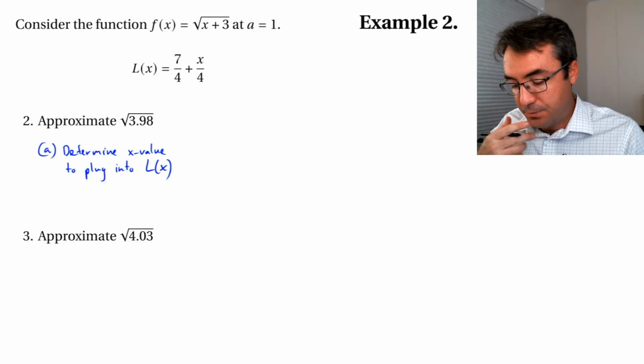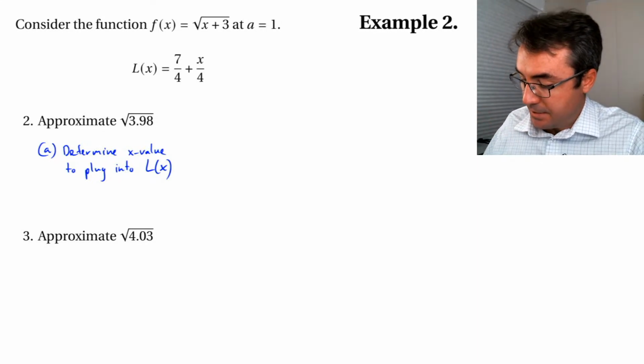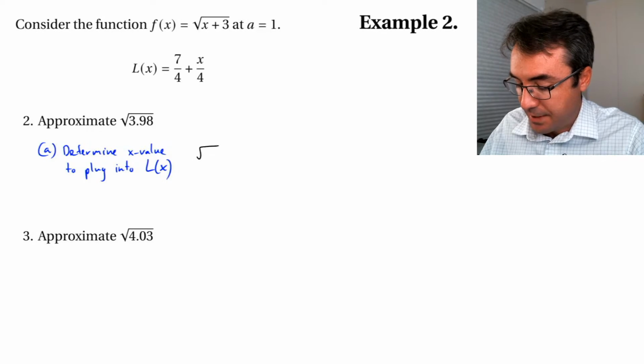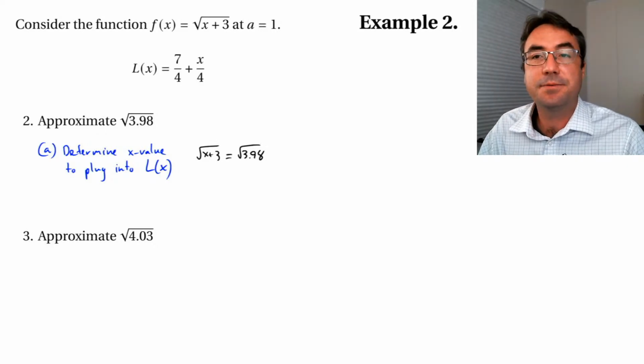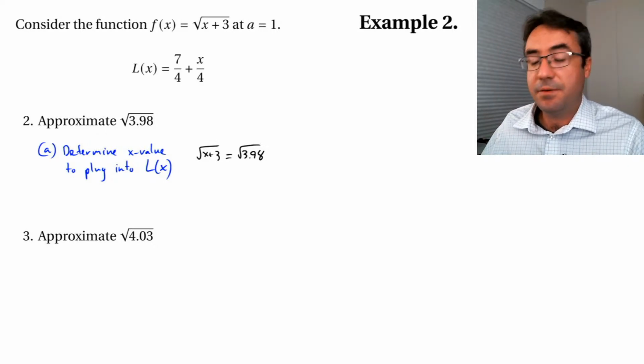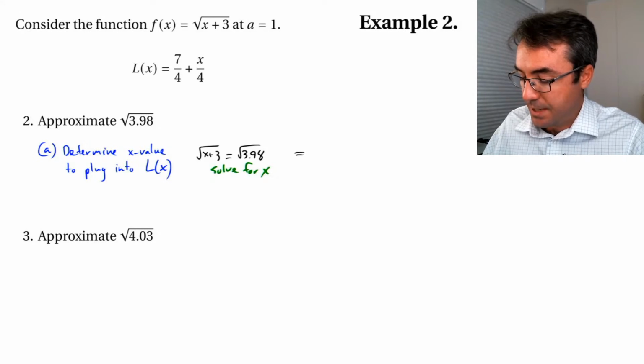So the first step is, let's determine what x value we need to plug in. Let's write down our function f of x. It's square root of x plus 3. And what we want is the square root of 3.98. Let's solve that for x. We could cancel the square root from both sides.